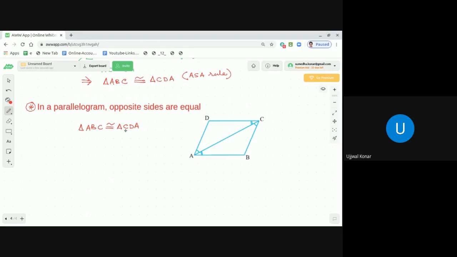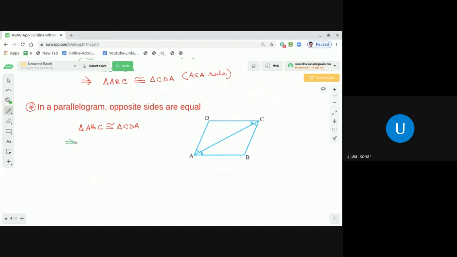Now, as these two triangles are congruent, what can you conclude from here? Let me use a different color.